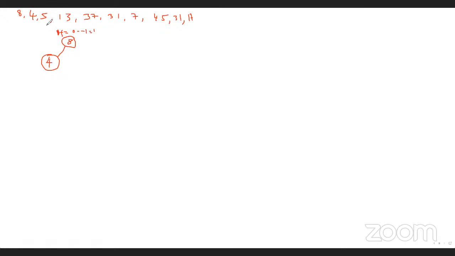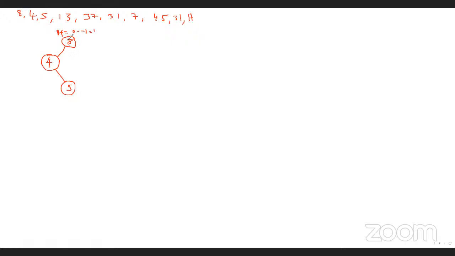5 comes in. Where should we place 5? Right of what? Right of 4, so we place 5 here. Remember, we are maintaining a binary search tree.